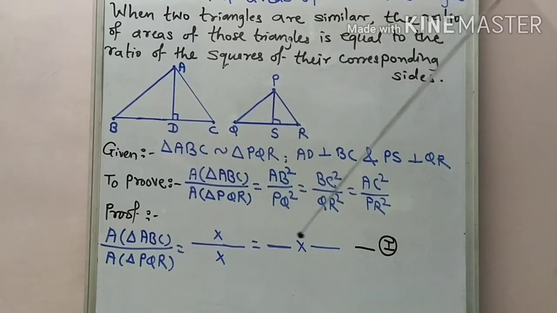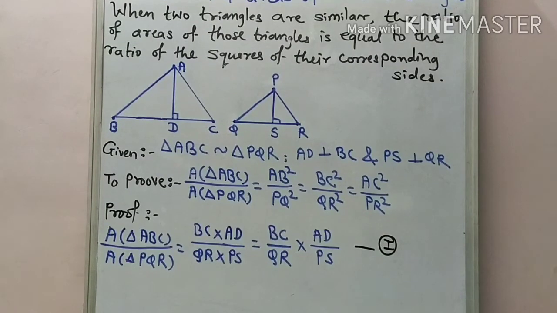So first we use that property, so write down the names of the base and corresponding height here. Okay students, try to write the product of base and corresponding height. Here the base is BC, so the corresponding height is AD for triangle ABC. Similarly in triangle PQR, QR is the base, so the corresponding height is PS, so QR into PS.